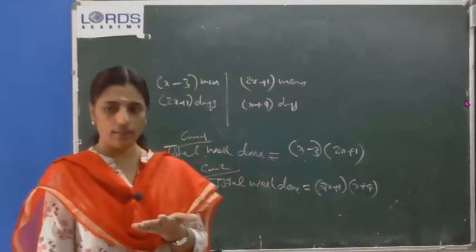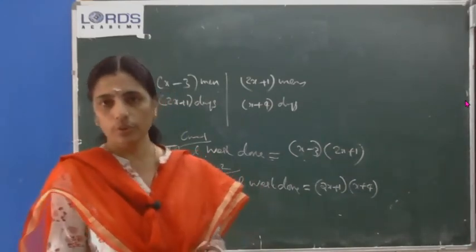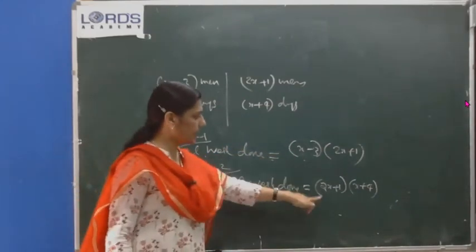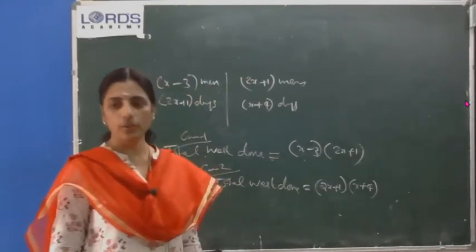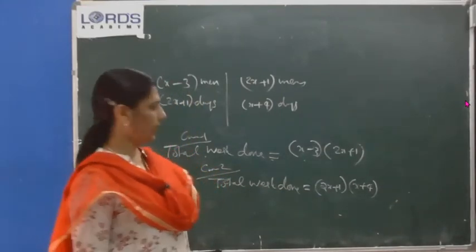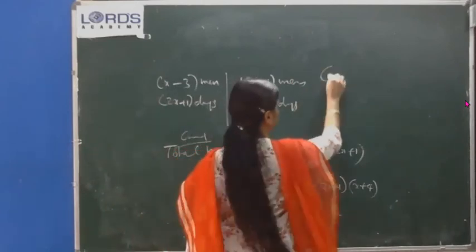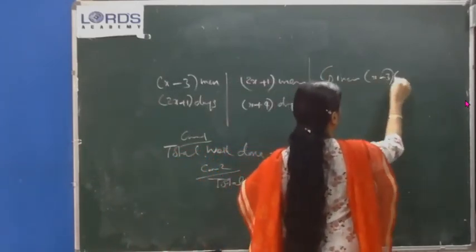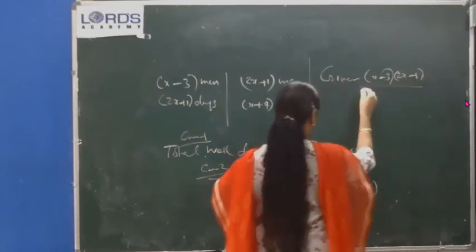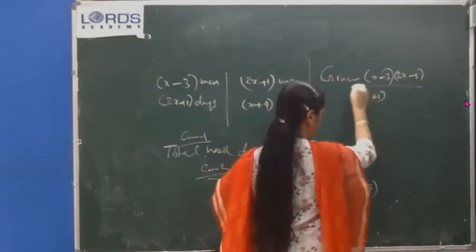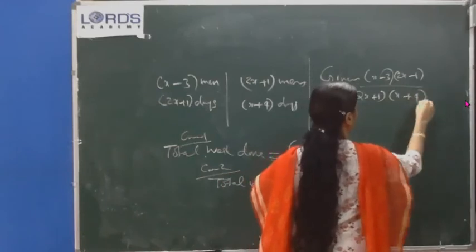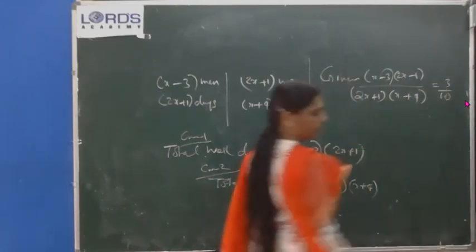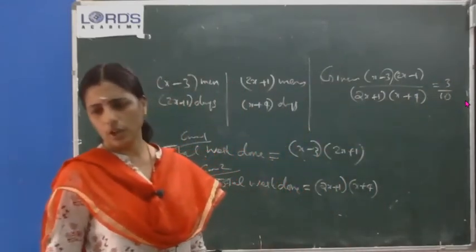Their ratio they are giving us as 3 by 10. So you write first one by second one equals 3 by 10, and from that you get the value of x. You write, given: x minus 3 into 2x plus 1 by 2x plus 1 into x plus 4 equals 3 by 10. Cross multiply.